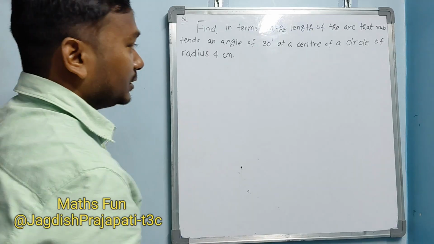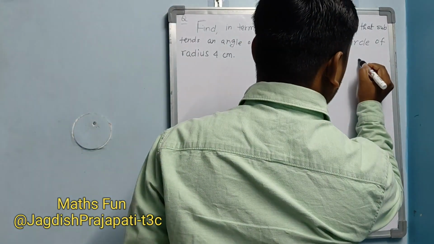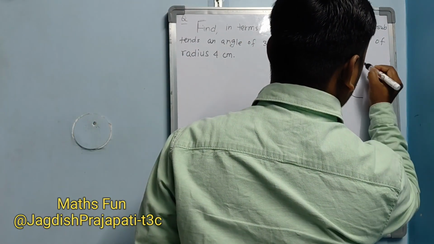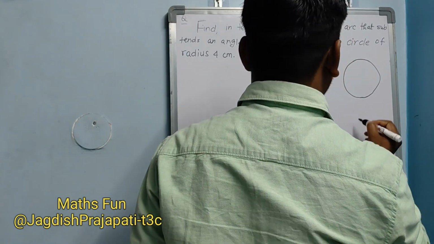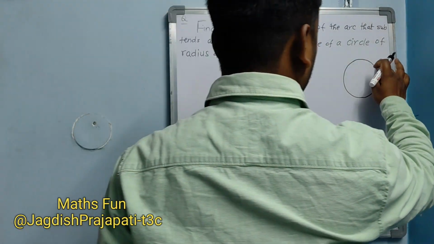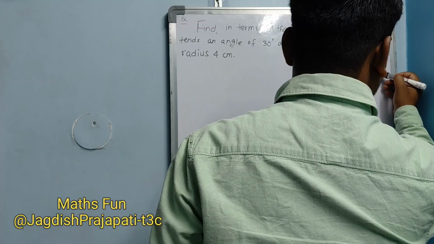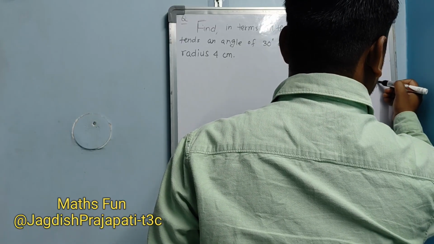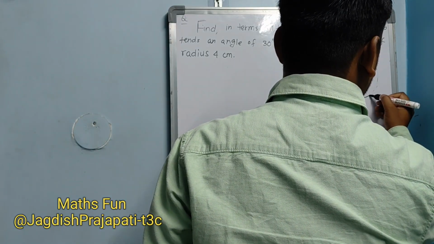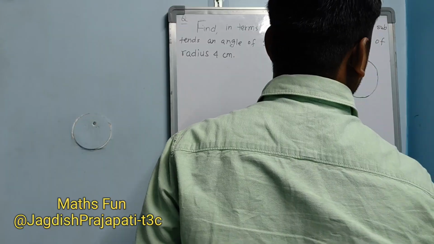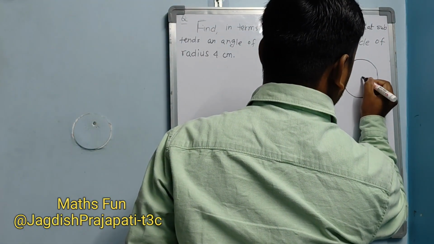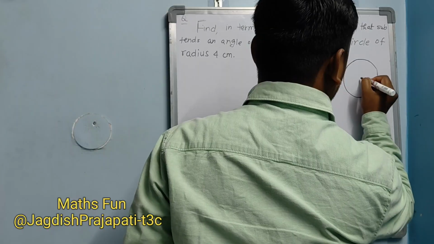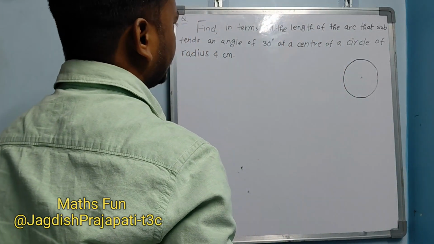Okay, so to solve this problem, let us visualize it, what is given and what we have to find out. Okay, so this is the center, this is the center of the circle.